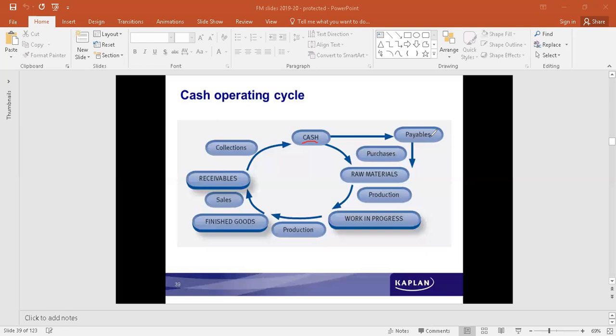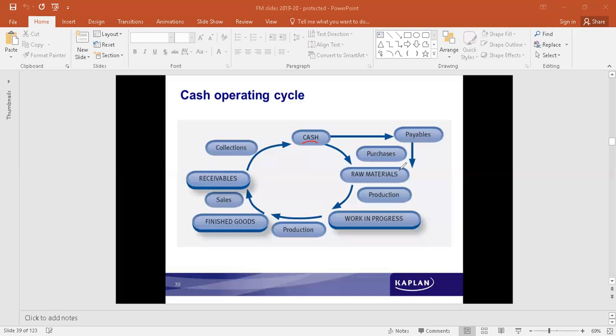At the end of the credit period, the amount is paid back to the supplier. So we are extending this period, and it doesn't immediately get into raw material. At the end of that period only, cash goes into payment to the supplier.